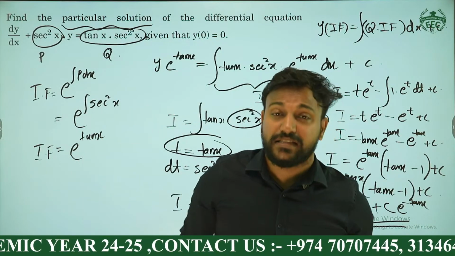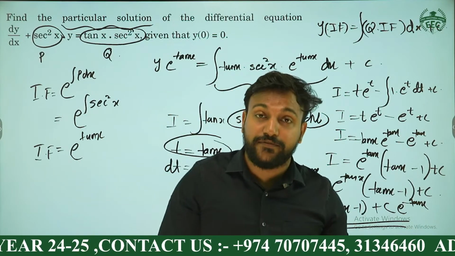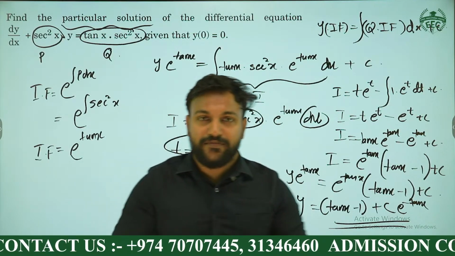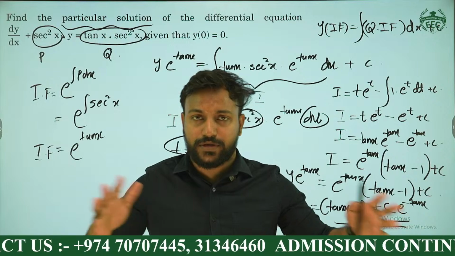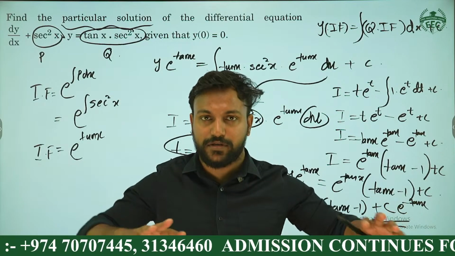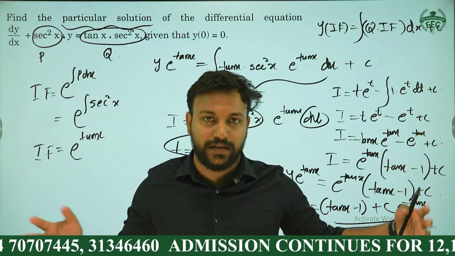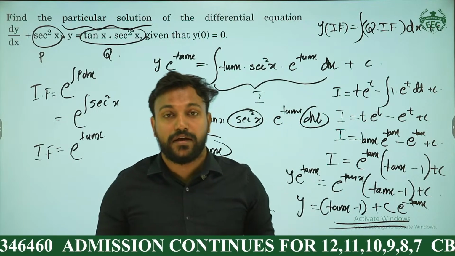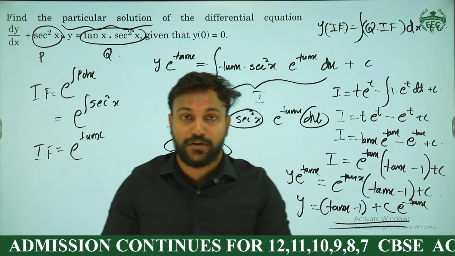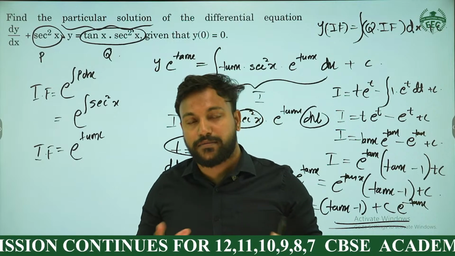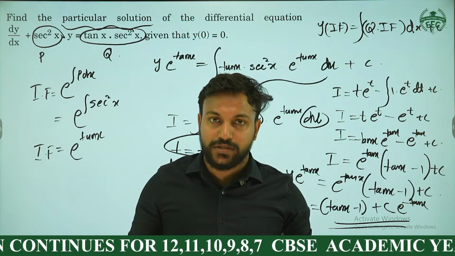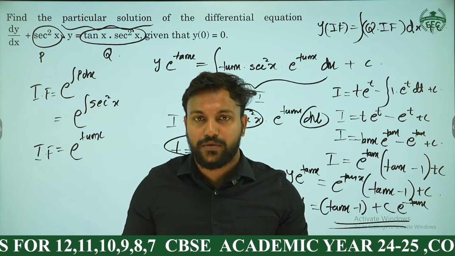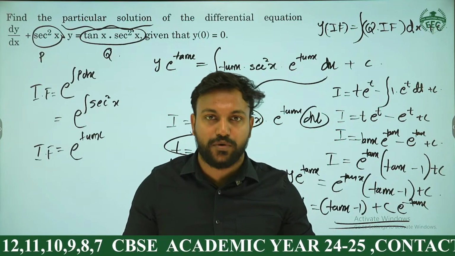That's all, guys. That's all for this chapter. Linear differential equation, homogeneous differential equation, variable separable form. In the variable separable form, you can interchange the variables to the RHS and LHS and you can integrate. But if you are not able to separate the variables, you can try the homogeneous differential equation. If you can make a particular differential equation in the y by x format, then after putting y by x as v, you can change that differential equation into variable separable form.